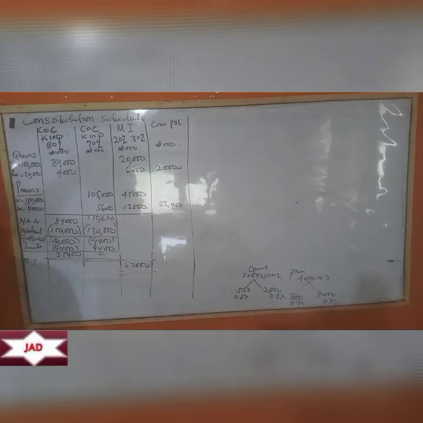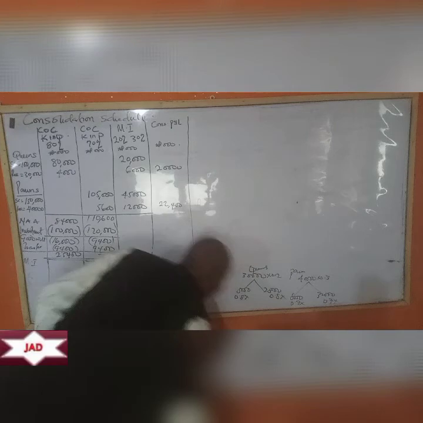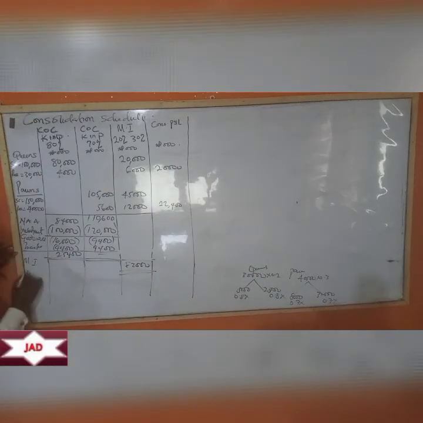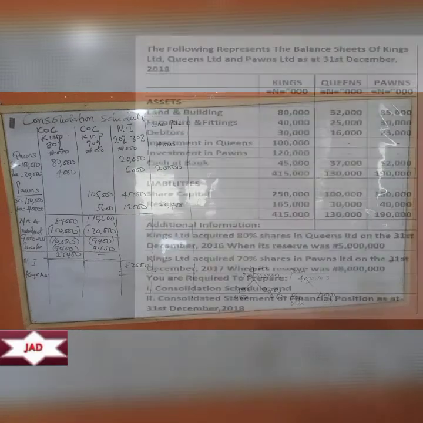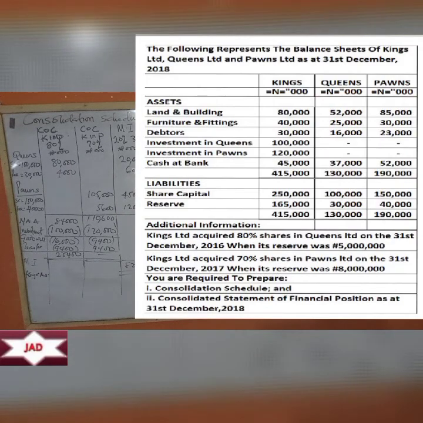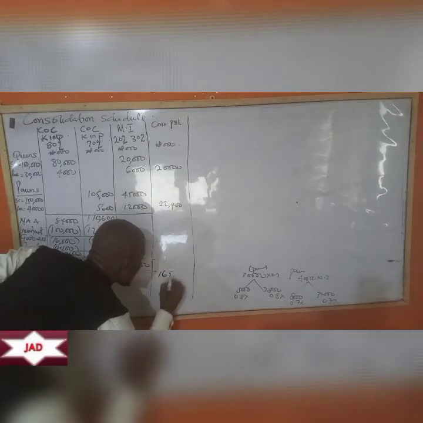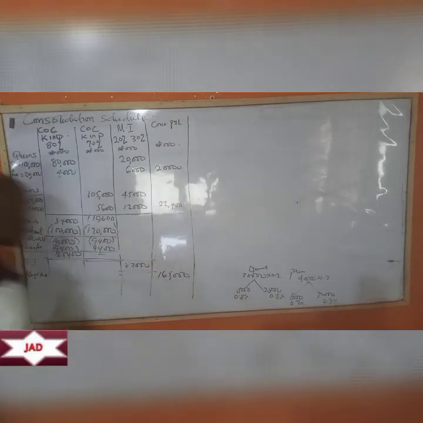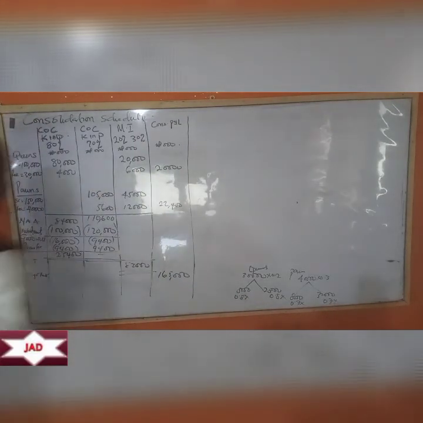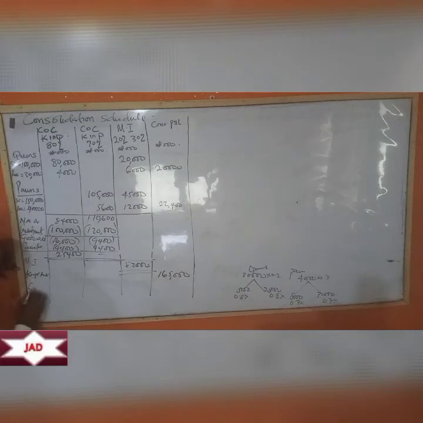This is 3,000. So what are Kings' reserves now? Kings' reserve, according to the question, is 165. Yes, we have 165. So we add up this plus this plus this, you get the consolidated P&L.